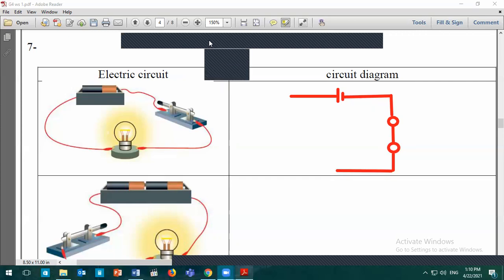A bulb is a circle with an X in it. Here is the X. And then we have another wire, and then another wire, and those are connected together. So this is how simple it is. Do you now get it?